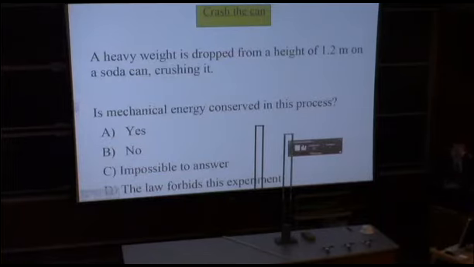But if we talk about the energy as a whole, we just said in the beginning of this topic, the energy in general cannot disappear. So the total amount of energy, if we include all the forms, must be the same before and after. So if mechanical energy changes, where does that energy go?